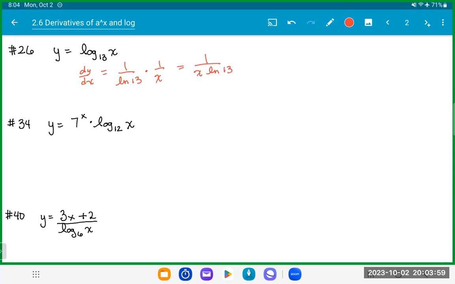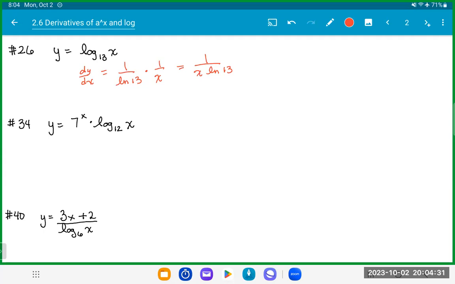And that's it, applying theorem 13. Now, not all of the problems are going to be that simple, but we have to give an example or two to at least see how the concept is applied. When we step down into number 34, we'll actually be applying both of those theorems, 12 and 13, in one problem and using the product rule with it.